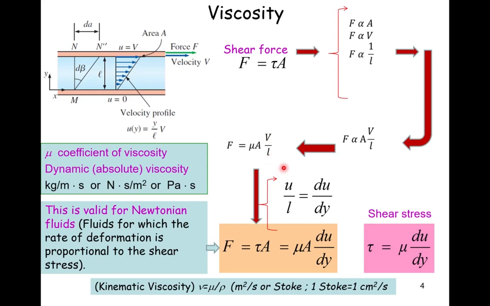One thing we need to consider: if the velocity changes linearly, that's okay, we can write velocity over L. However, if the velocity does not change linearly, then we need to write the equation in terms of a derivative, the change in velocity with distance, how velocity changes at different distances from the plate. So now we can put it in this way.